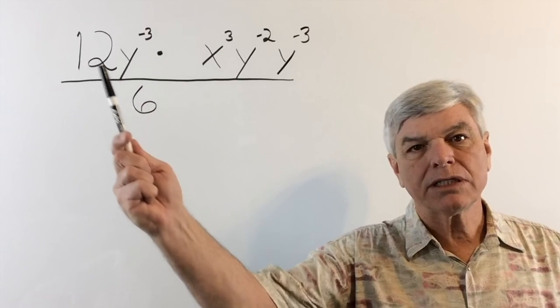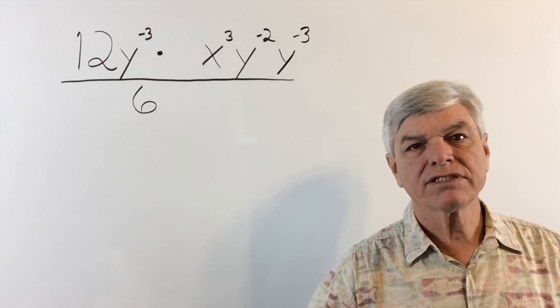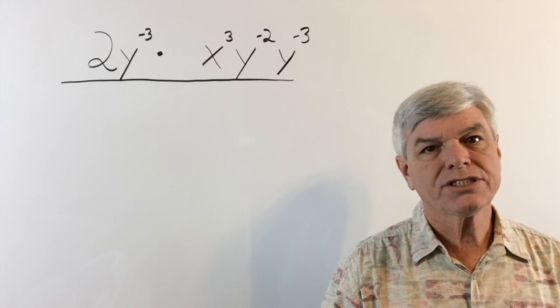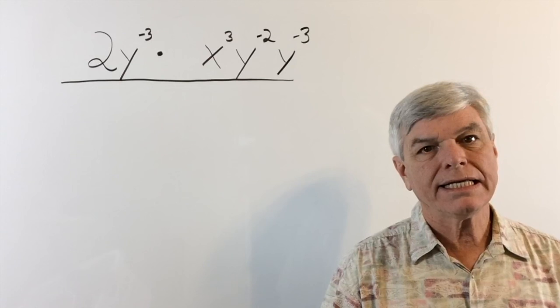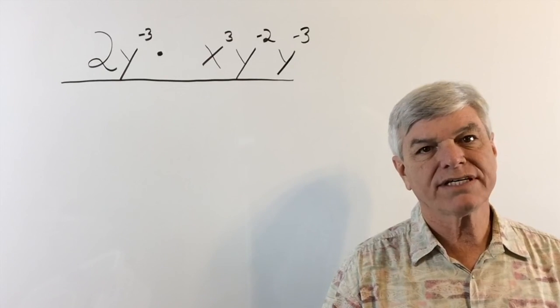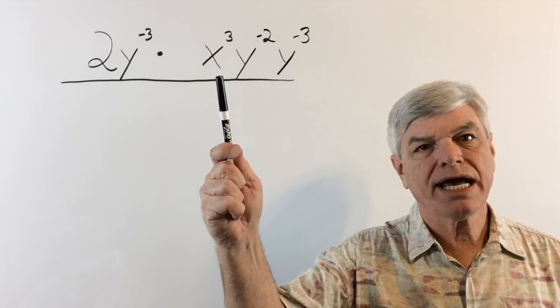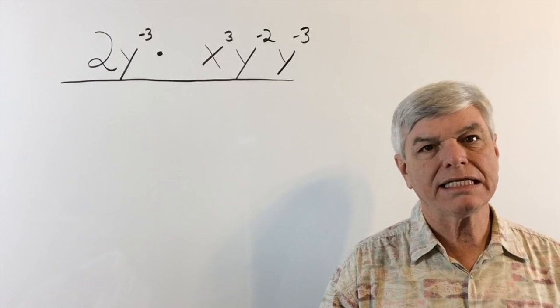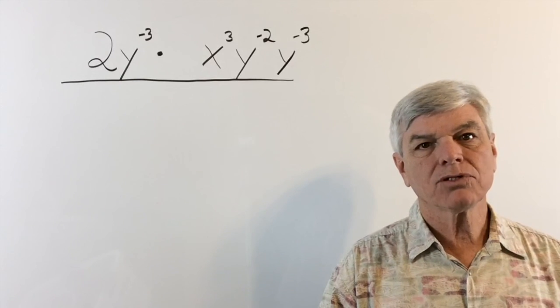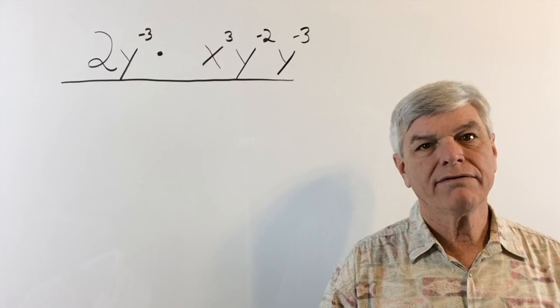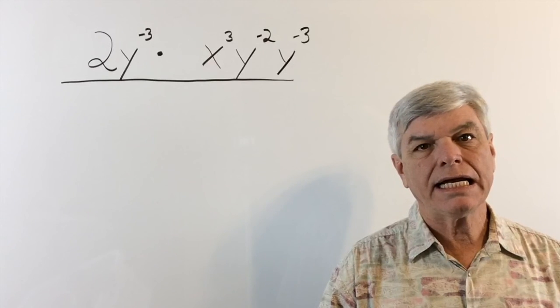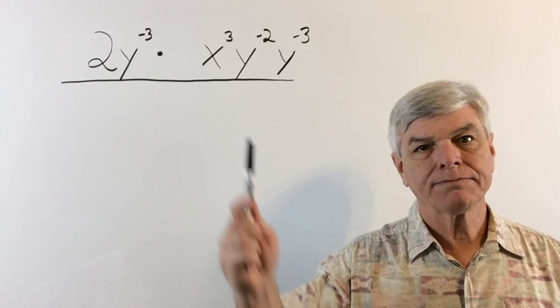Let's start with our units. 12 over 6, which is 2. Then let's multiply all our x variables. We only have 1, so we don't need to do anything there. Let's multiply all our y variables, and they are all negative.